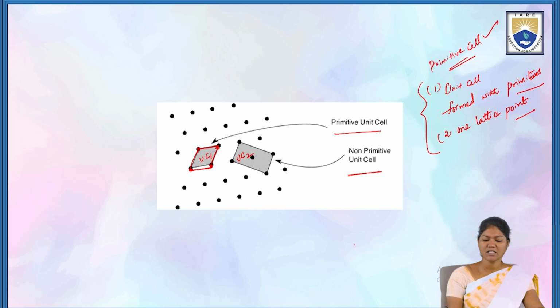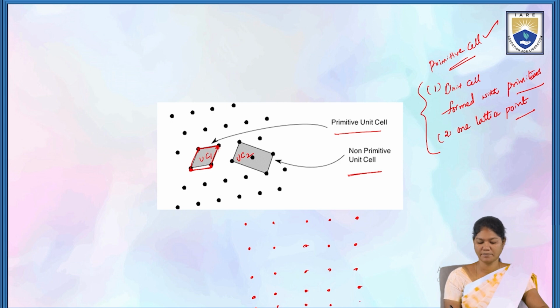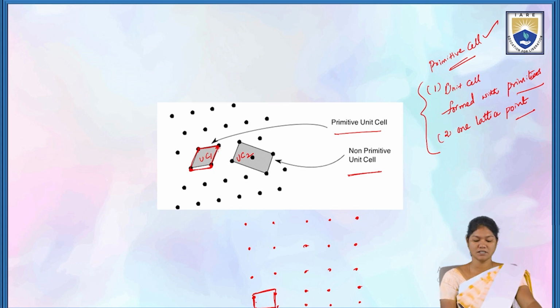So suppose if we take this unit cell, then this is the smallest part of the unit cell.